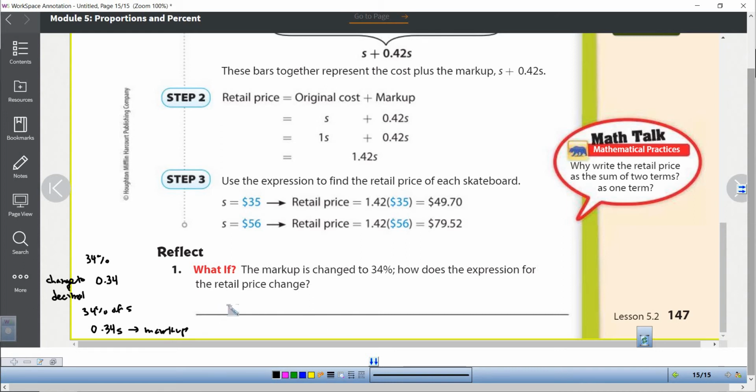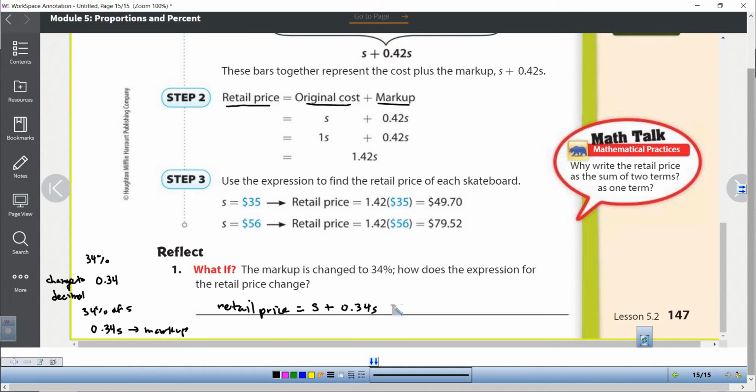But the retail price is going to be my original cost. In fact, it's right up here. I'm not going to rewrite it. The retail price is my original cost plus the markup. Well, my original cost was S, and my markup now is no longer 0.42S. It is 0.34S.